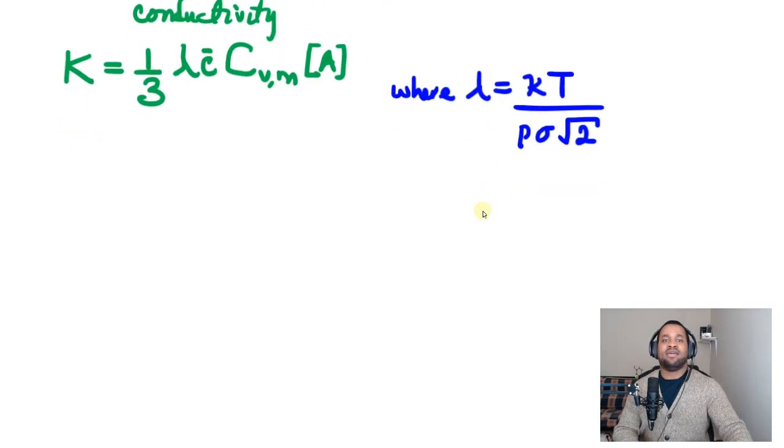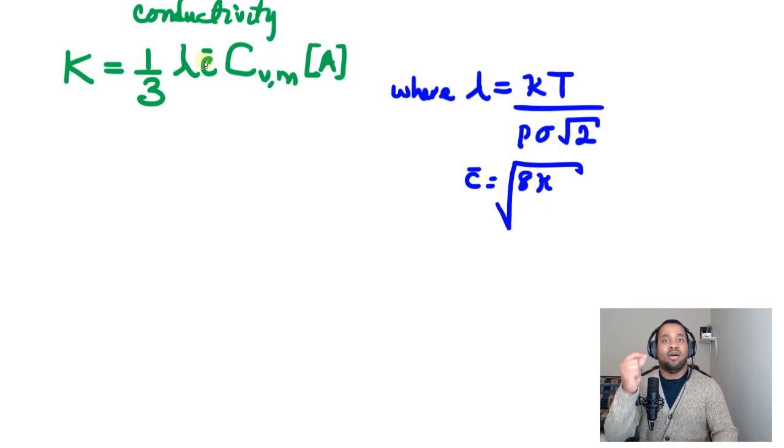Take note that for the other variable, the mean speed, our mean speed is expressed as the square root of 8 multiplied by k, the Boltzmann constant, at a specific temperature T, divided by pi multiplied by the mass of the specific atom.